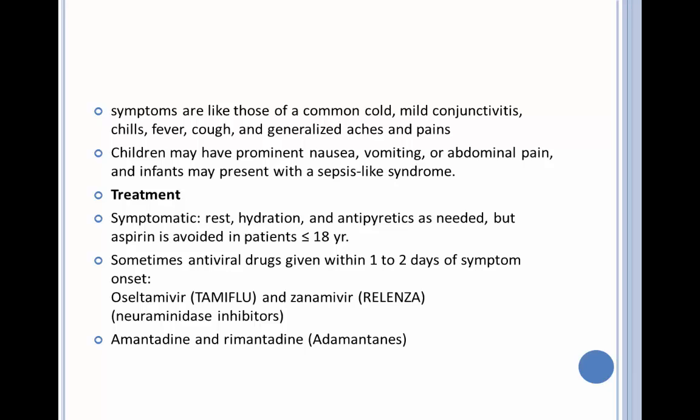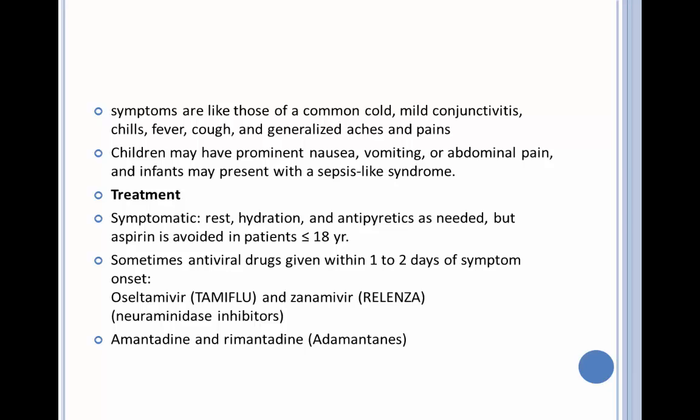Or an adamantane, which is a muscarinic antagonist. So basically, the respiratory secretions could be diminished, but the main side effects will be tachycardia and all the nicotinic receptor side effects.